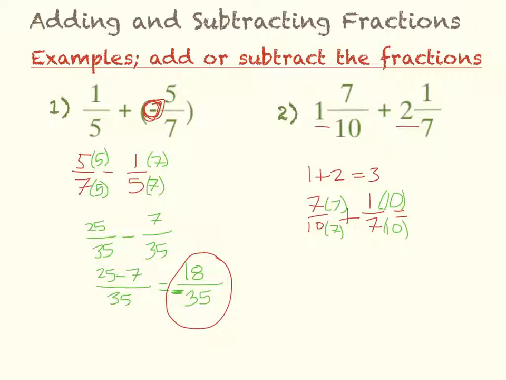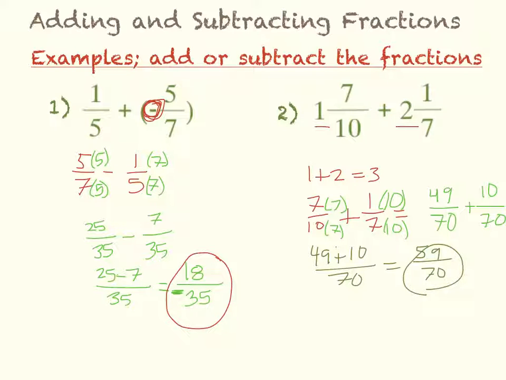So what we would have is 49 over 70 plus 10 over 70. And then when we put those together, we have 49 plus 10, which is 59. 49 plus 10 over 70, which is 59 over 70.